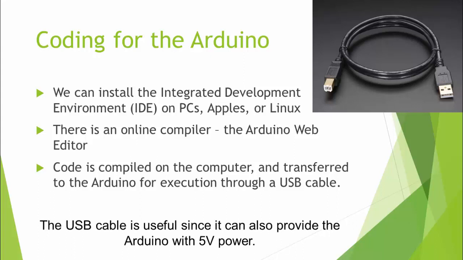Now, this USB interface is very handy because, as we learned at the beginning of the course, USB can provide 5-volt power. And the Arduino will happily run using that 5-volt output from the USB cable.